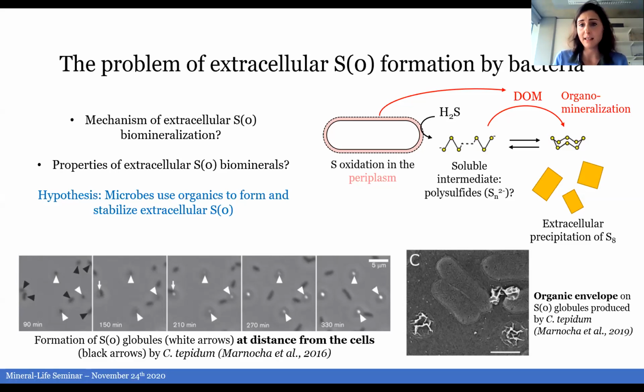And here the idea is that the microbes not only oxidize sulfide, they also produce extracellular organic matter that's going to react with polysulfide and help it stabilize as extracellular elemental sulfur particles. And it fits quite well with the fact that it can precipitate away from the cells, and it fits quite well with at least one observation about extracellular sulfur, that it is coated by an organic envelope.